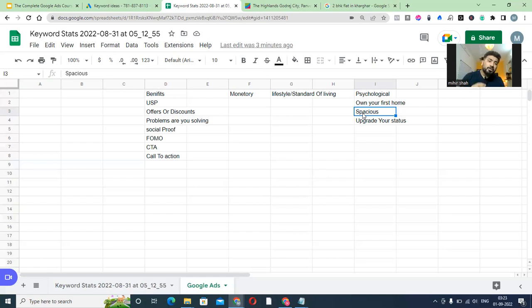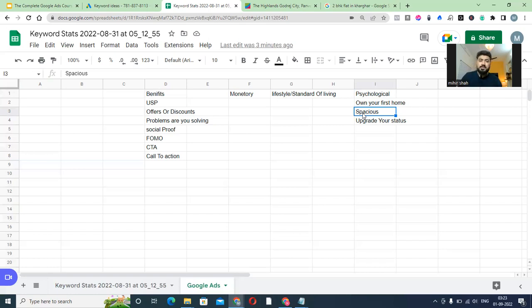So whatever product or service you are giving, ensure that you find something that gives them a sense of a personal feeling, that by doing this you will get this. Let's say, for example, I am promoting green tea or a detox tea. The psychological factor is "lose your weight quickly" or "lose your weight in the next 30 days."